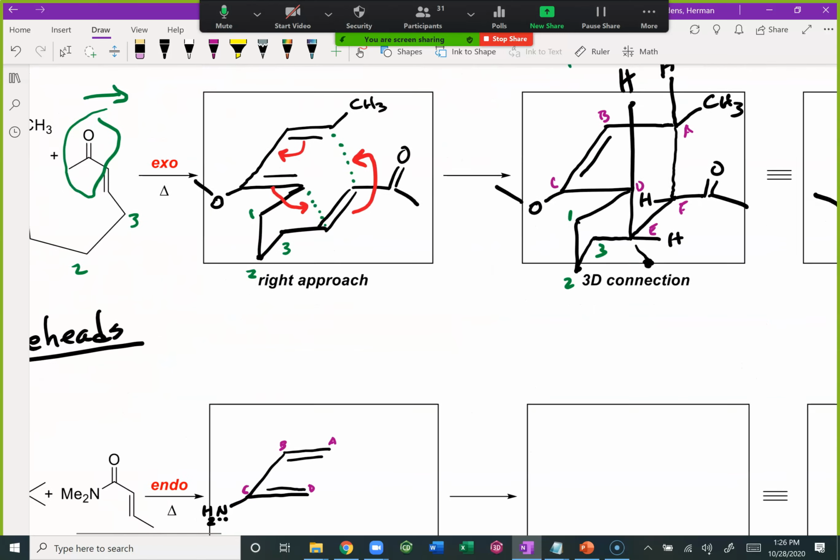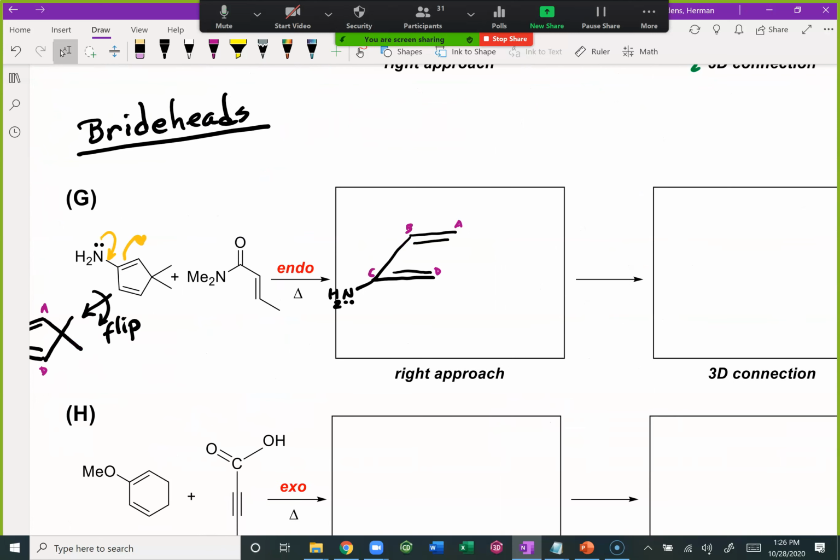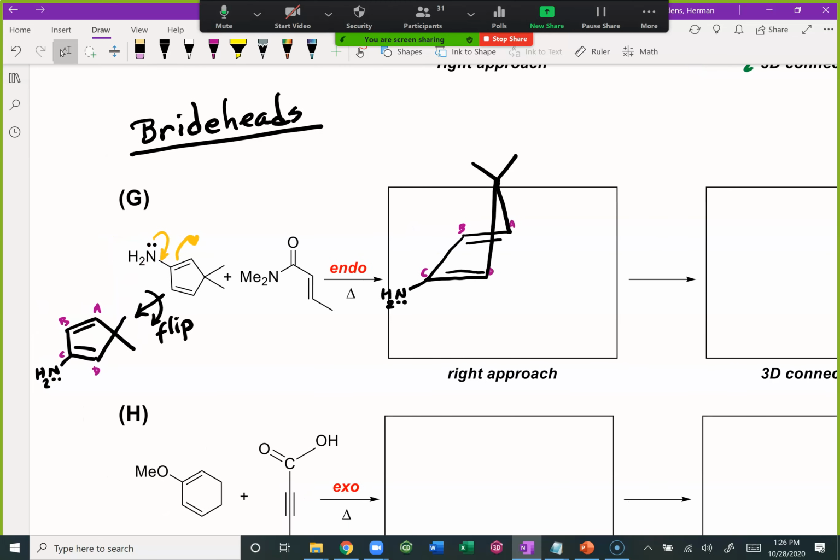That's the reason why I kept on drawing those hydrogens, just to keep you trained to think this way now. That's how that will go. Up, and the 2 methyl groups will go there. Then over here, notice that the dienophile is endo, so this group has to be to the left.